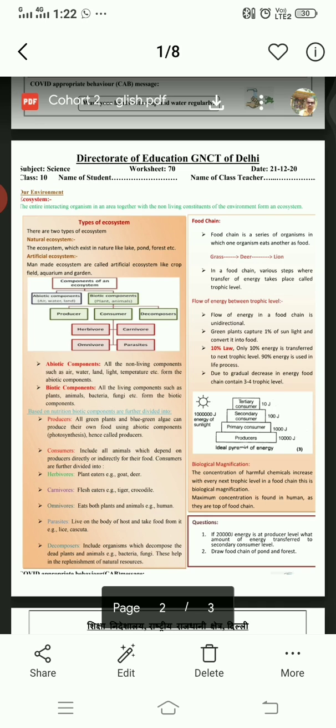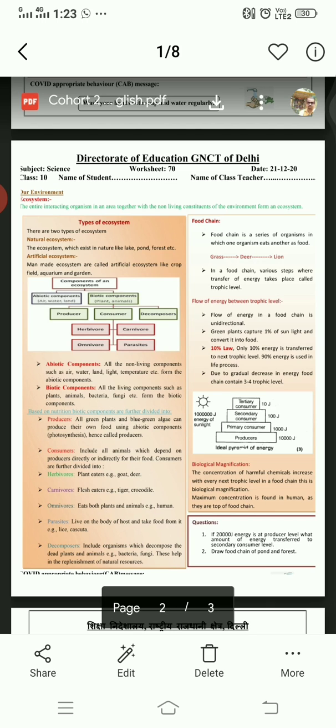Some organisms feed on both herbivores and carnivores, so they are called omnivores, along with some parasites. Parasites are the organisms which depend for their food on other organisms, and they cannot live without the help of other organisms. So these four include consumers: herbivores, carnivores, omnivores, parasites.